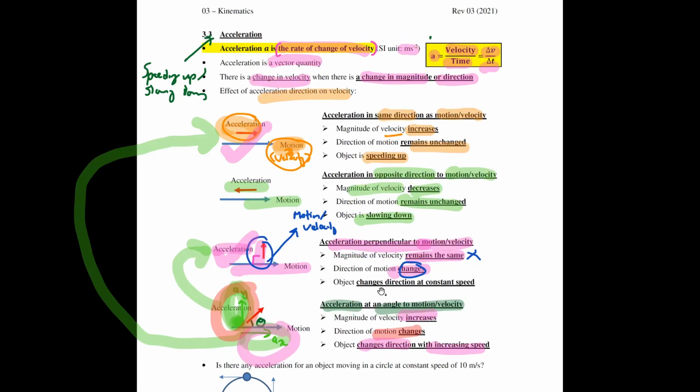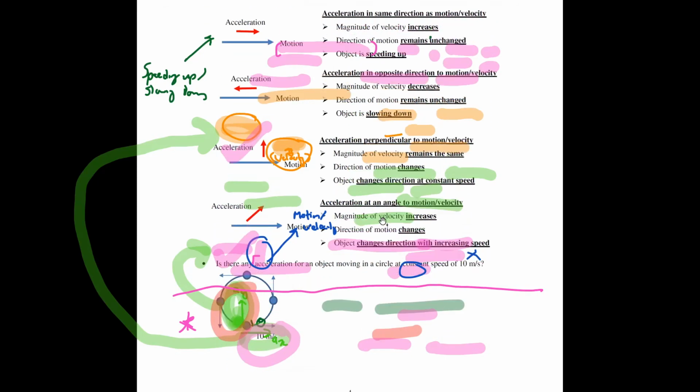That's all there is to it. Usually in your exam questions, you won't go up to this level. They will only ask as far as what if the acceleration is perpendicular to your motion. This is one thing that you need to know. It is actually inside your AS syllabus.